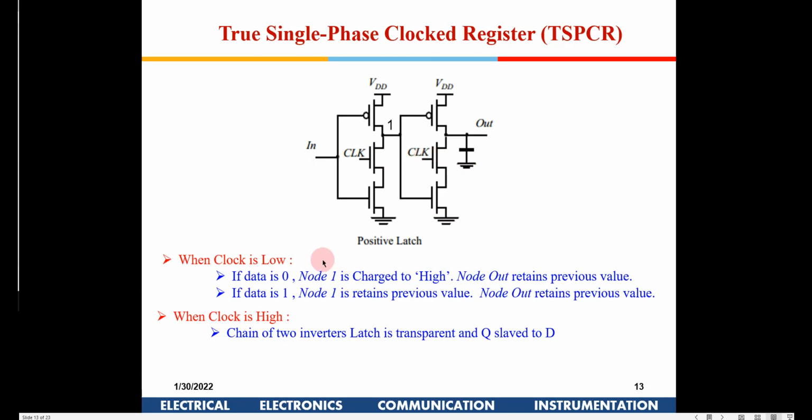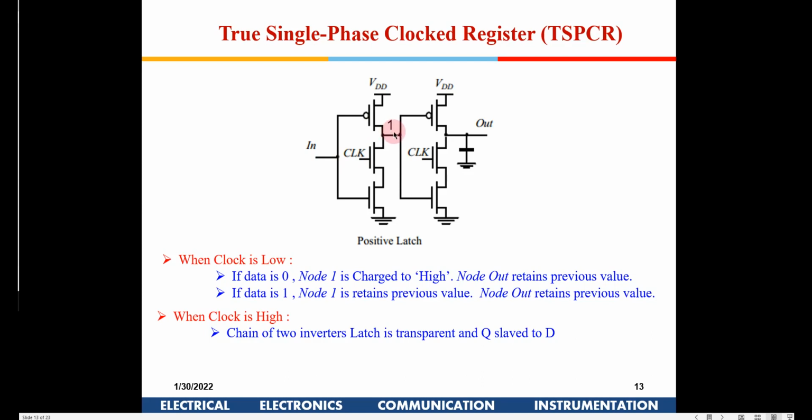Now what happens if the data is 0 out here? What happens when the clock is 0? When the clock is 0, then both of these things remain off. The data is in the hold position. When the clock goes high, if the data is 0, then this node will get charged to 1 out here.